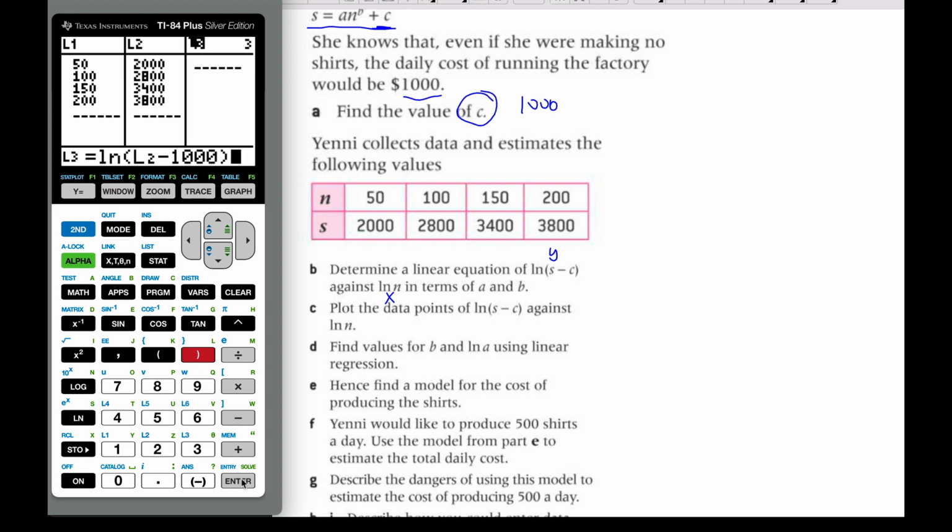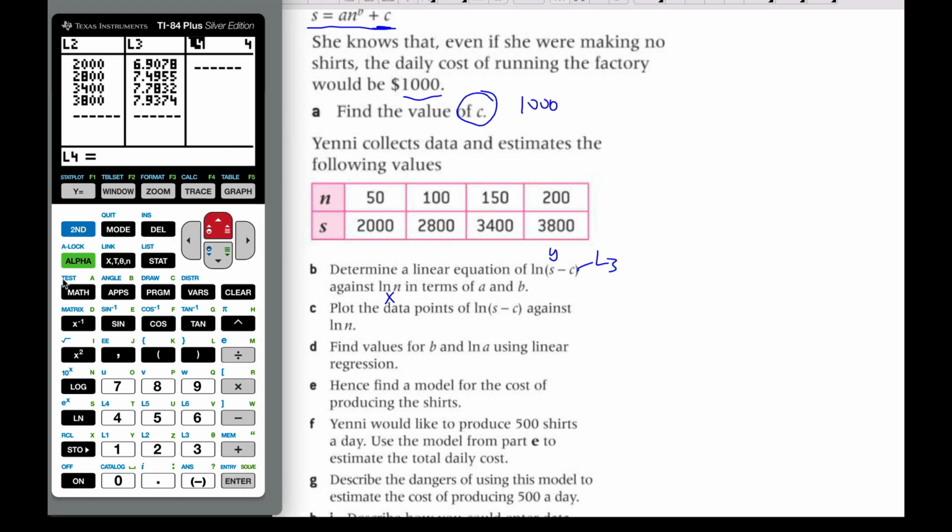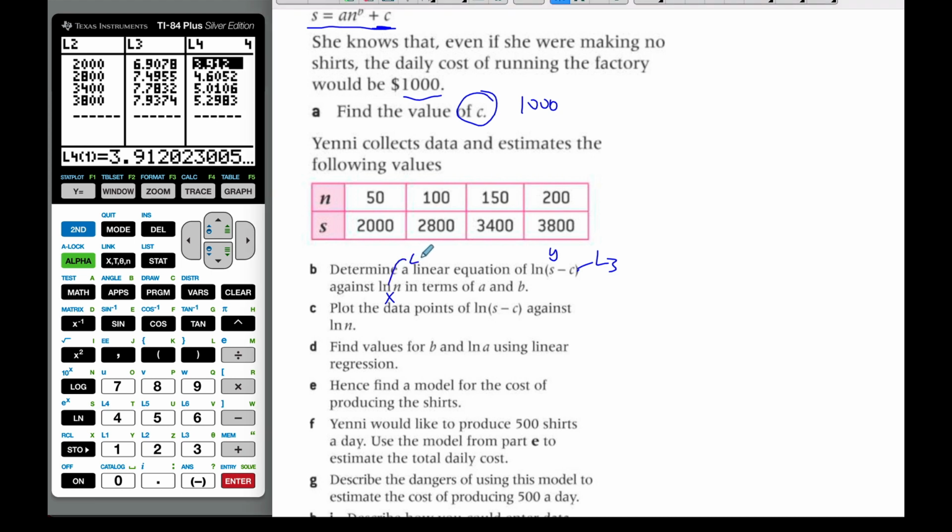And then in L4, I'm going to do the natural logarithm of L1. I'm trying to keep track of it.